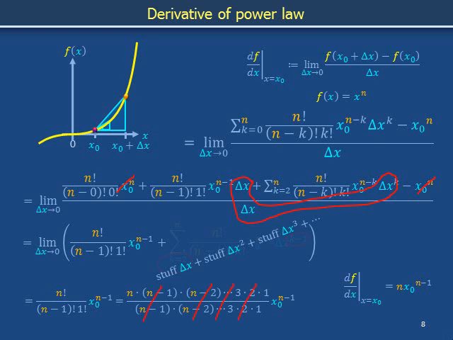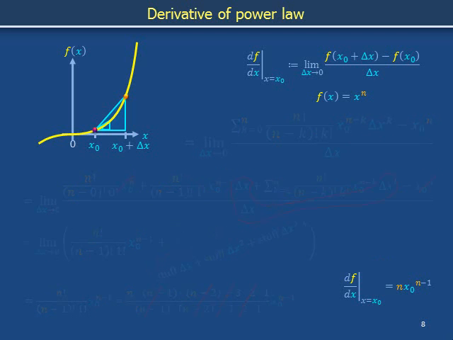Cancel the many factors that are common to n factorial and n minus 1 factorial. The only surviving factors are n and x naught to the n minus 1 power, as expected.